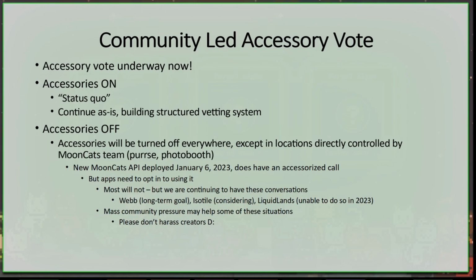They are considering how they might be able to use the additional API endpoints, and we don't have a final answer from them yet. Liquid Lands we did reach out to, and Dave has basically said, I don't have the bandwidth to do unique API endpoints in 2023. Ask me again later this year. So know that these are things that we are reaching out to and that we are making our best effort to accommodate them using our API.